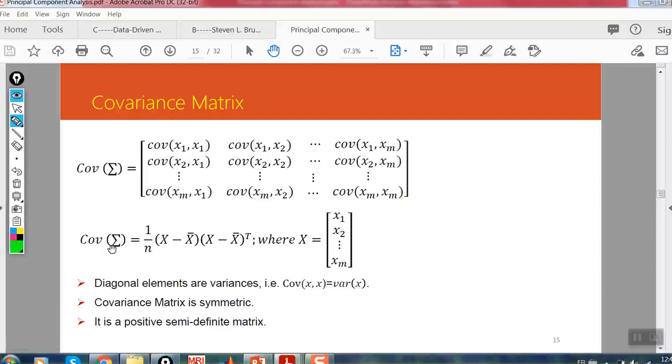Then it is the covariance. You can write a matrix with some numbers and then calculate the covariance.